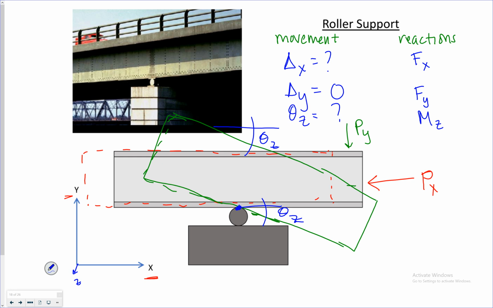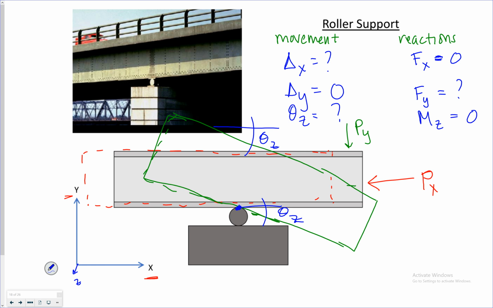Is there any force preventing that deflection in the X direction? No. So there's no reaction there. Is there a reaction constraining the deflection in the Y direction? Yep. So it's some value. And is there any moment preventing the rotation about the Z-axis?